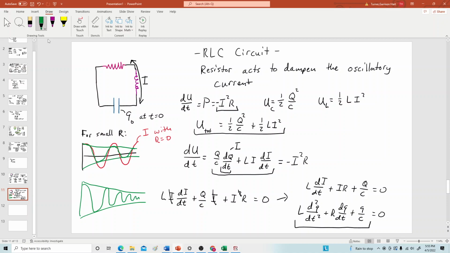So those are the three cases, but the most interesting one of those is the underdamped case, or the small r case.